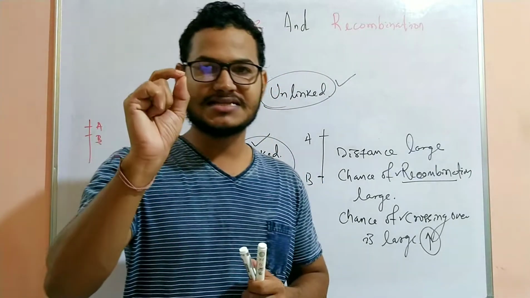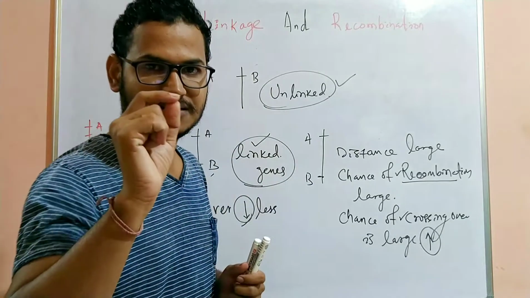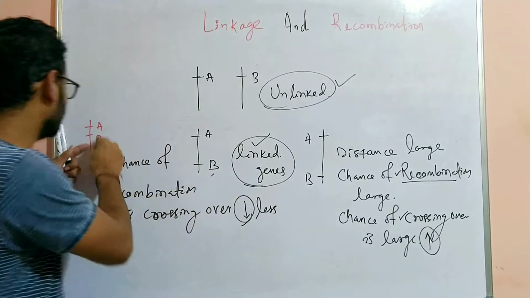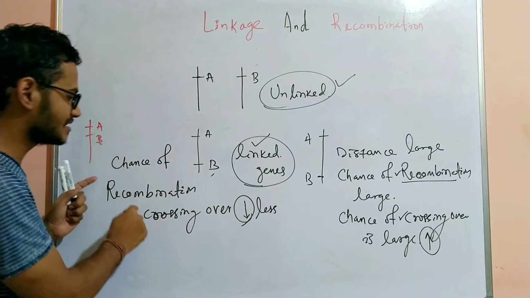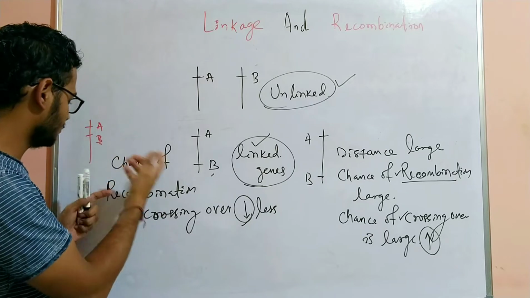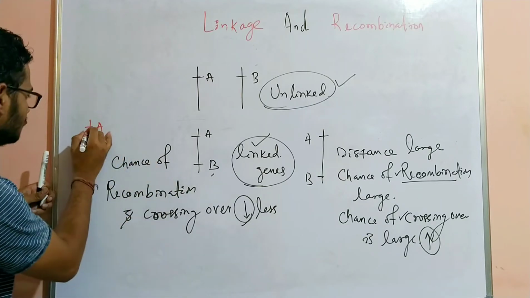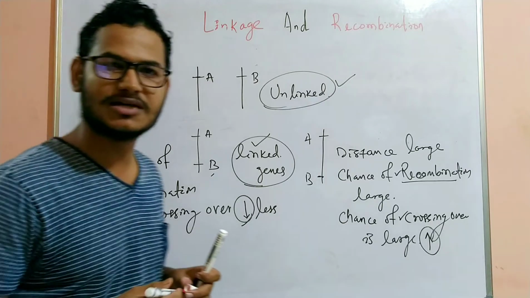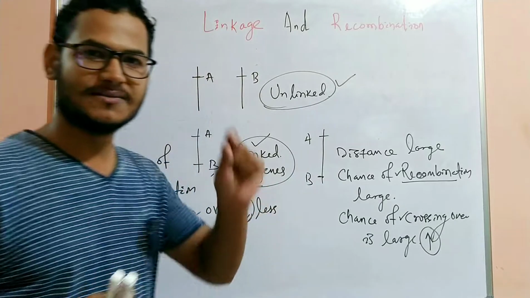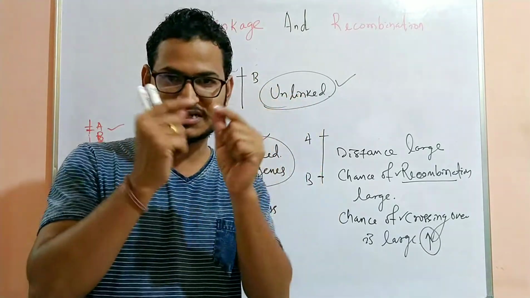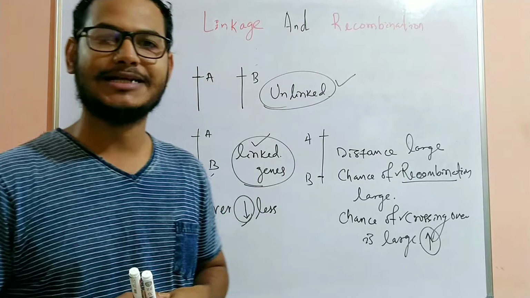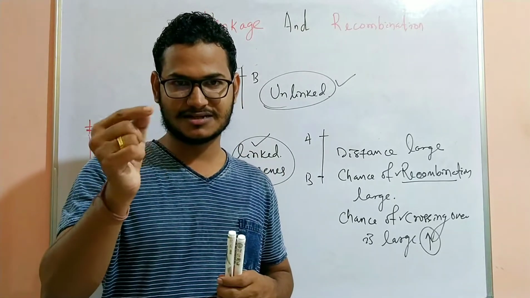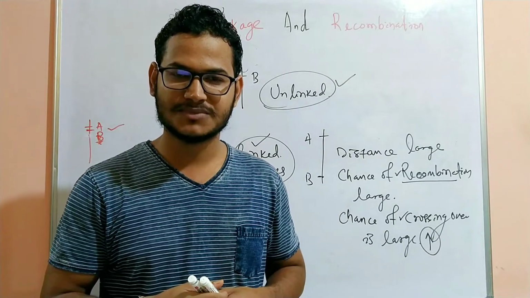So when the genes are on the same chromosome, they are linked, and when they are placed very close to each other, there is less chance of recombination. Meaning when they are very near to one another, there is the least chance of recombination. So recombination cannot occur when the genes are very close to each other, because they cannot separate from one another during crossing over of the non-sister chromatids of homologous chromosomes. Clear?